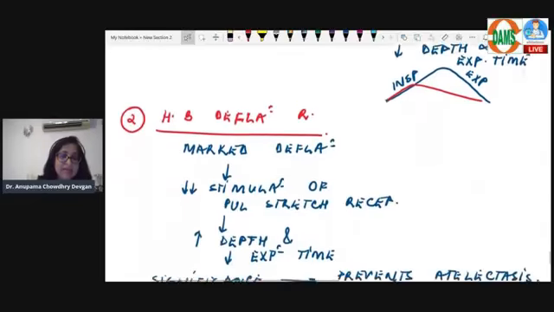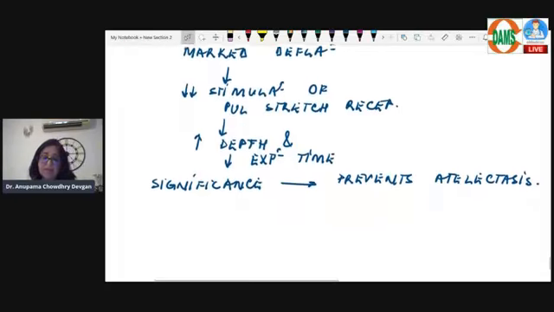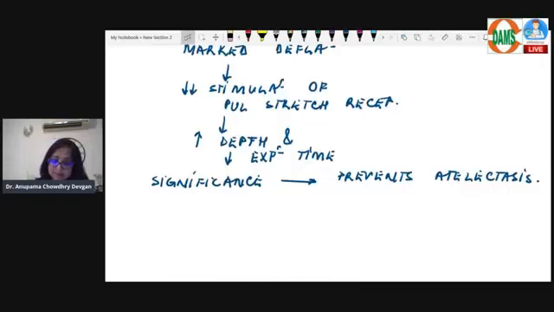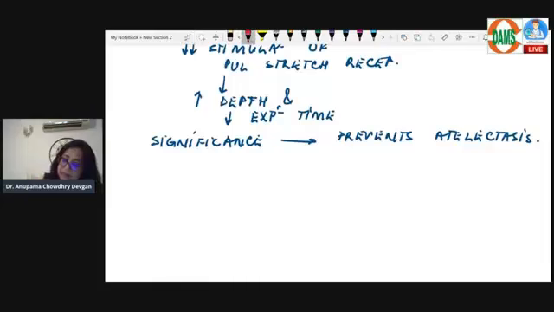Reverse happens in the deflation reflex. Whenever there is a marked deflation of the lungs, there is a decreased stimulation of pulmonary stretch receptors, increase in depth, and a decrease in expiration time. It prevents atelectasis, right? Then there is another reflex which is called the J receptor reflex.